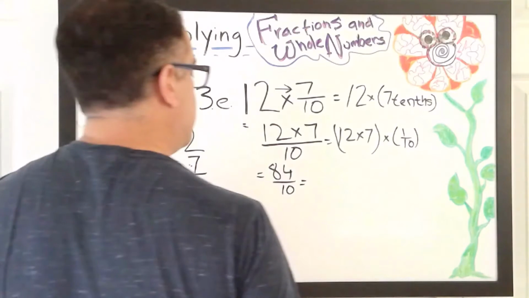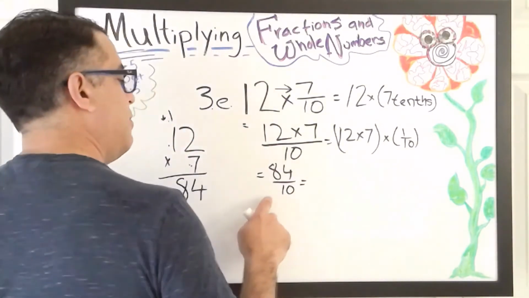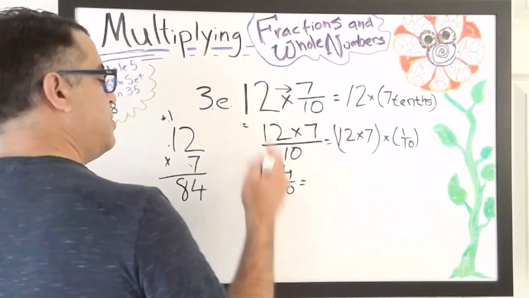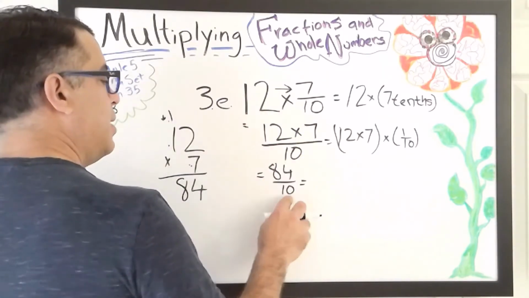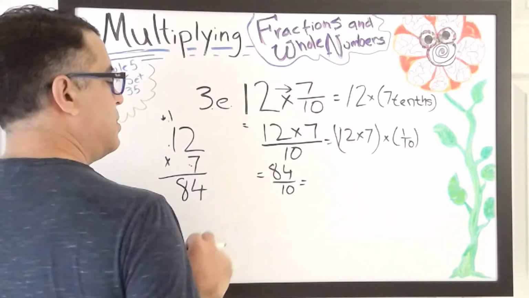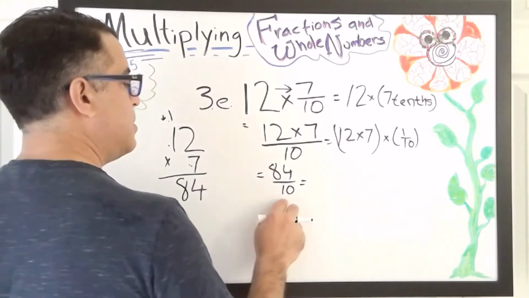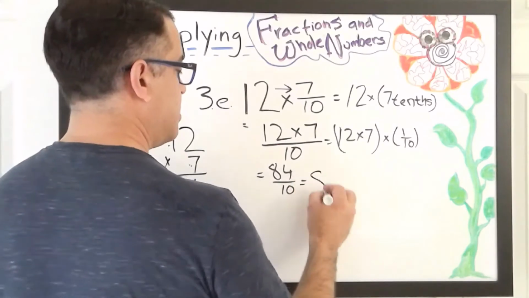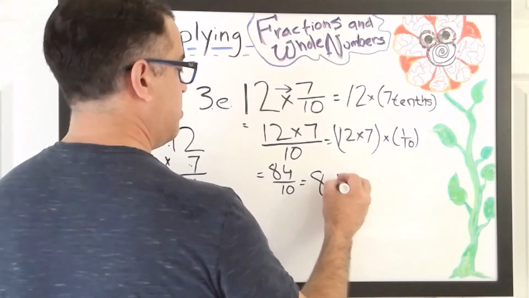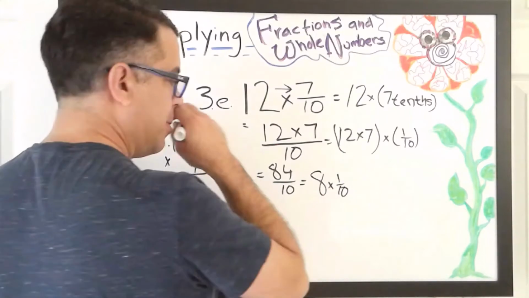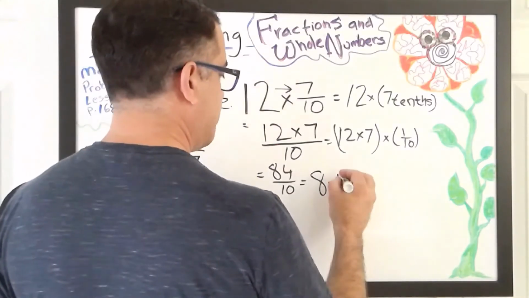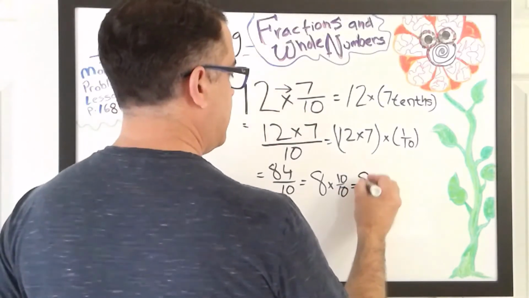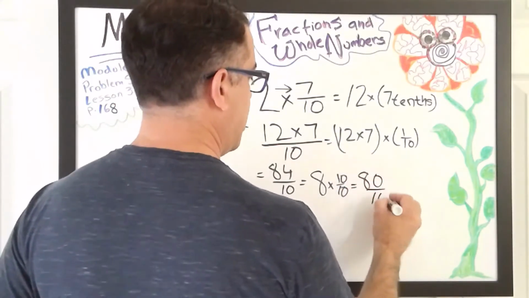How many tens, how many whole numbers do we have here? If we have 84 tenths, division by 10 is easy, right? I know I at least have 8 whole numbers. 8 times 10 tenths gives us 80 tenths, and how many more do we need to go?